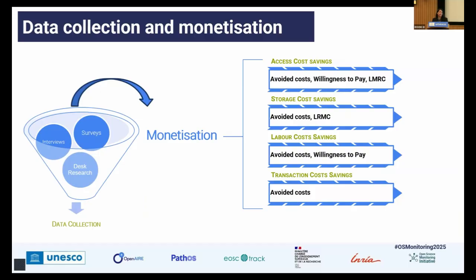On the benefit side, the most common methodologies that we can use are surveys to users, interviews, focus groups, in order to get the time that these users save in accessing these resources as compared to an alternative scenario. And then there are different methodologies which help us to translate this data into monetary value. These methodologies are well used in the literature and are very well established.